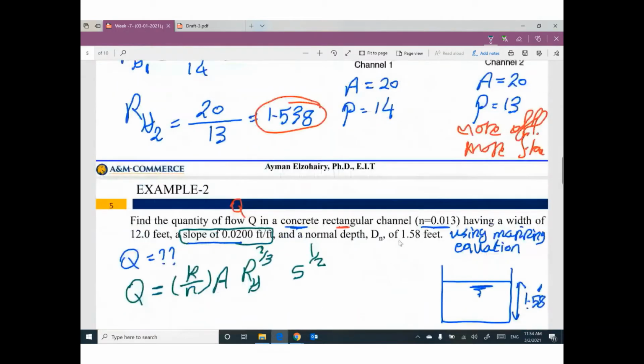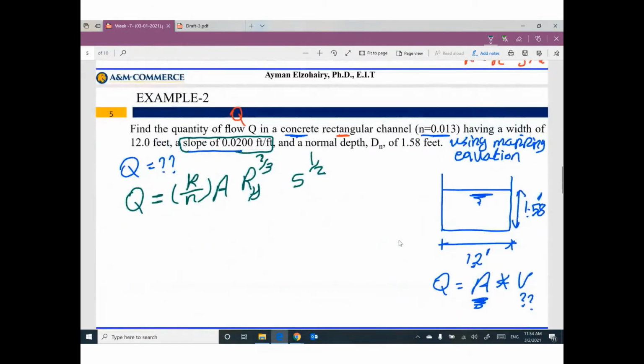Let's start. What is the value of K? Do you think the value of K will be 1 or 1.4868? 1.4868, because your unit is US unit.